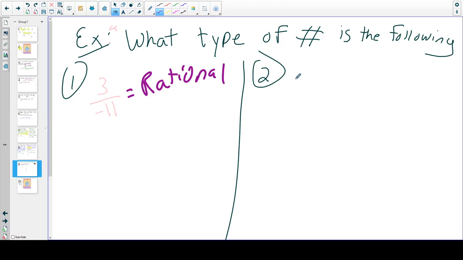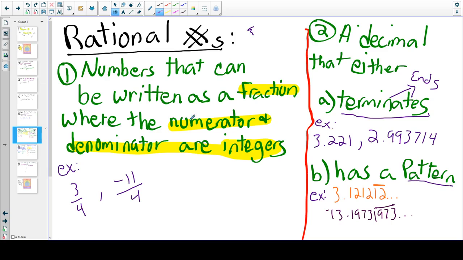What if I gave you the number 3.112112112, so on and so forth? Well, it's a decimal number, so it has to be either rational or irrational. And for rational numbers, if we're looking at decimals, we want to see if it terminates or has a pattern.